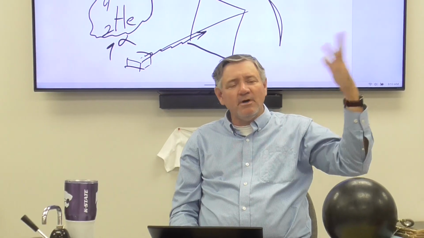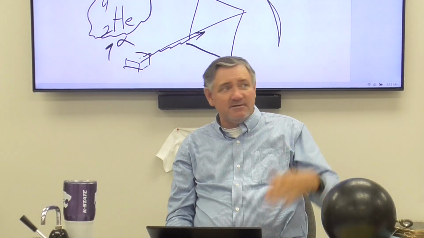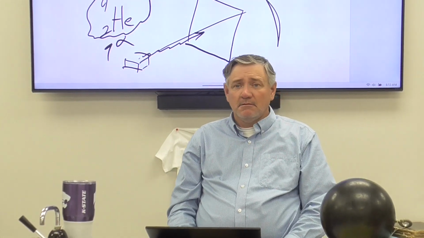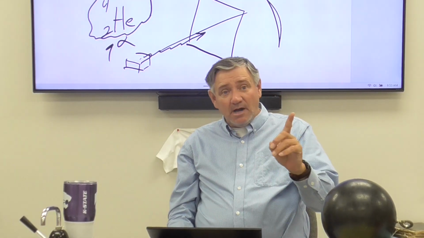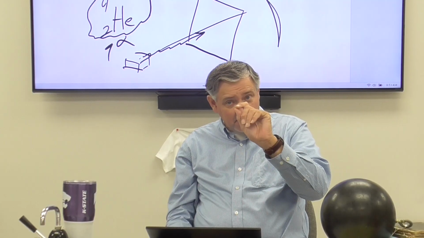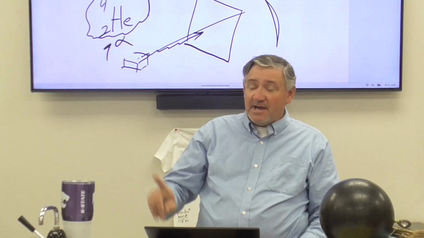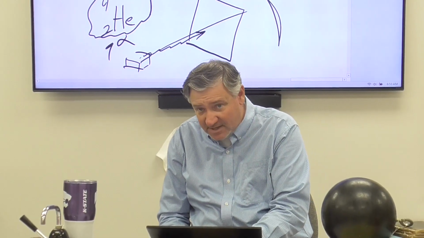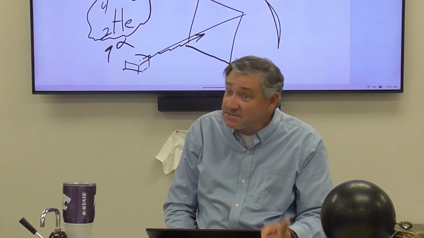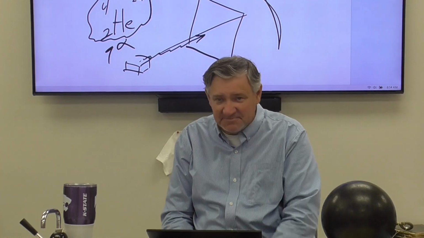So what would you conclude about the wall? It's mostly empty space. Now, every once in a while, this positively charged particle would come flying straight back. So what's the only way a positively charged particle can come flying straight back? It hit something. It also hit a positively charged particle.